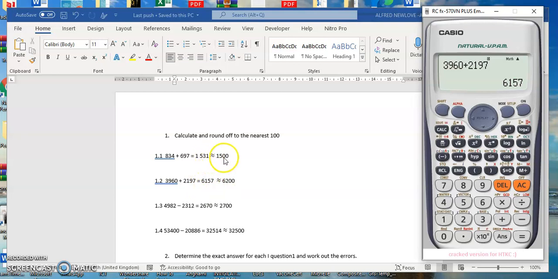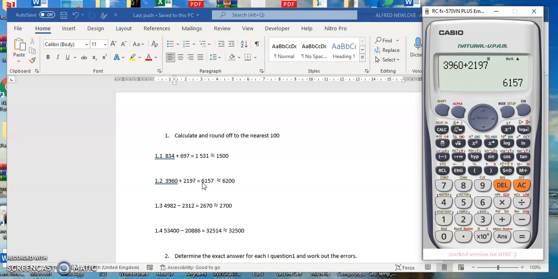The first one I rounded down. This one I'm going to round up. Why? I remember rounding to the nearest 100 is 100, 200, 300, etc. So this, I have 57, and 57 is more than 50. Remember, if you have 50 and above, you round it up.